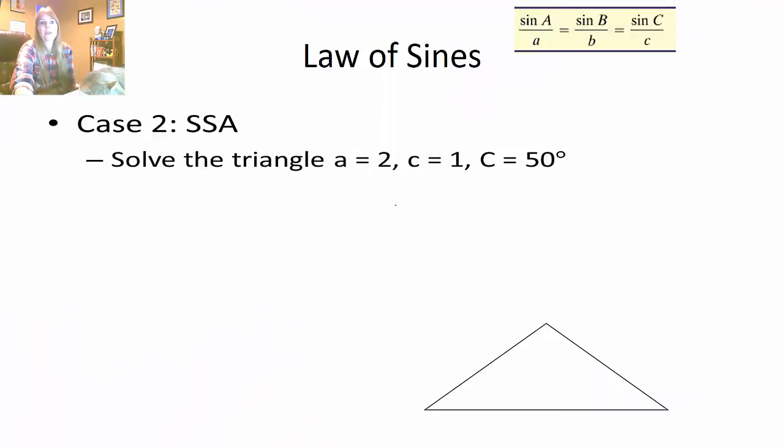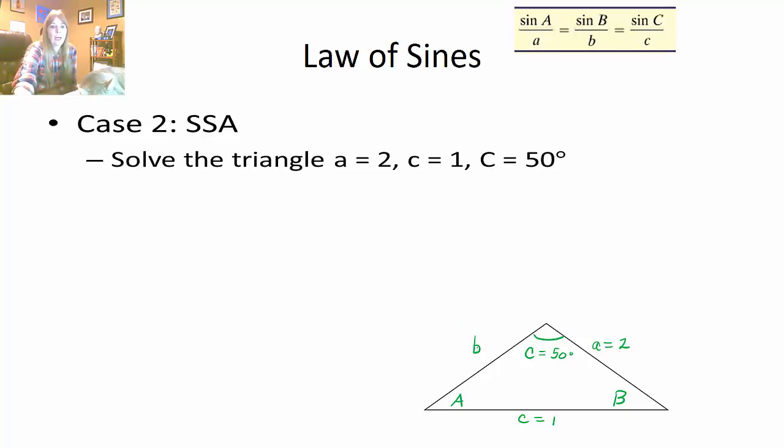Let's look at another example of using law of sines. So let's label our angles and sides that were given. I'm given C equals 50 degrees, little c equals 1, big A I don't know, little a is 2, big B I don't know, and little b I don't know.